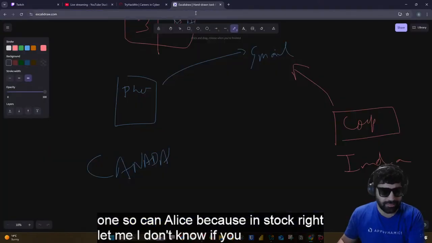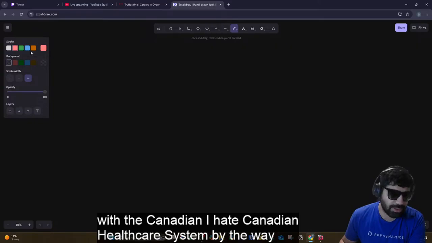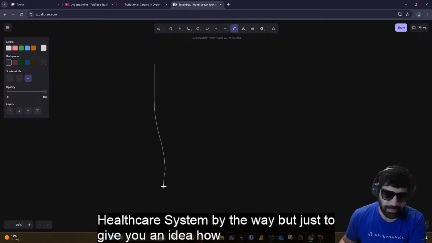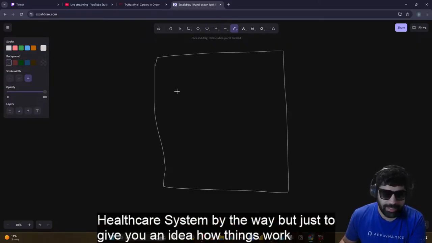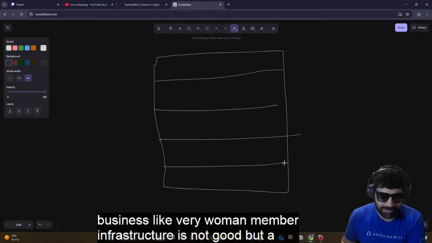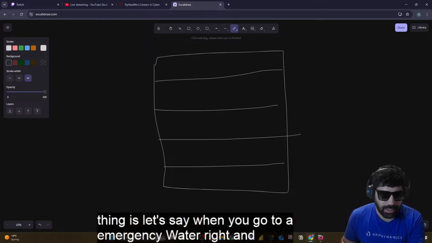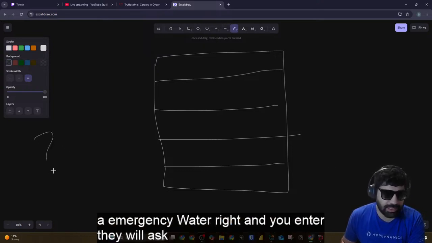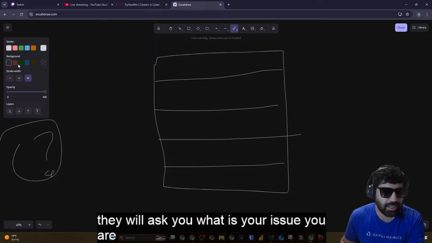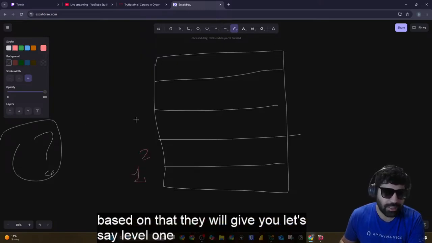Becoming a cybersecurity analyst, how to become a level 1 SOC analyst. To give you an idea how things work, take the Canadian healthcare system, which I hate, by the way. The infrastructure is very overwhelmed, but a good thing is, when you go to the emergency ward, they ask what issue you are facing, and based on that they give you level 1, 2, 3, 4, 5.